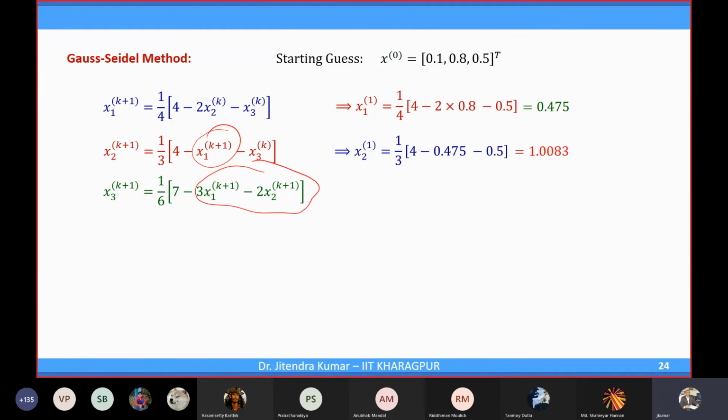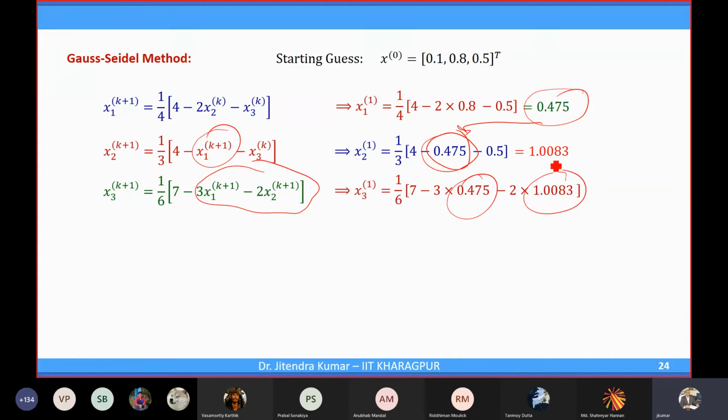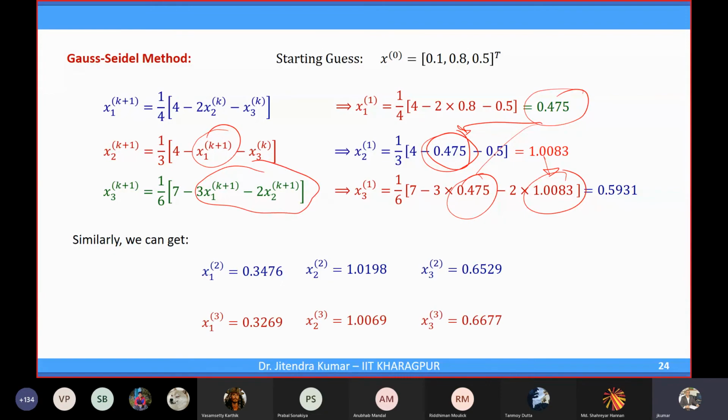You have to take care: you can see here this 0.475 I have used, which was just evaluated. And in the third component I have used this 0.475 and I have also used this one, recently evaluated. That is the Gauss-Seidel method. So you can compute similarly the second iteration and the values after the third iteration. You can use your calculator, in fact.